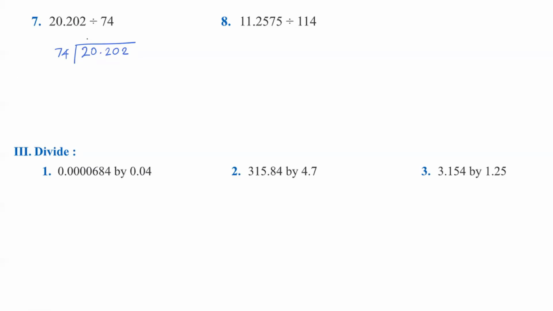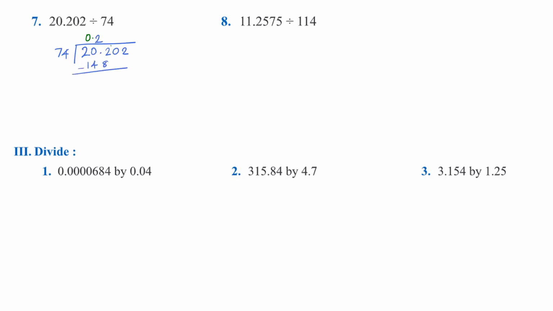No. So we can directly put the point here. Then it will be 202. Now we should divide 202. 74 into 2 you will get 148. So I'm going to write 148 here.